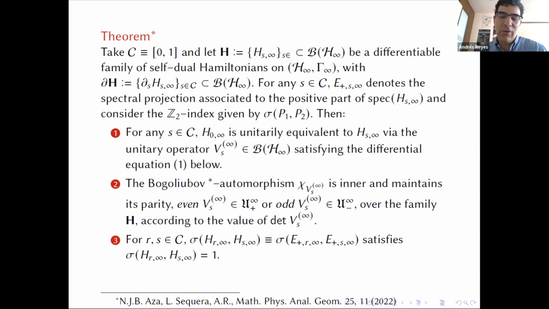And usually when we discuss Berry's phase, we think about diagonalizing each of these Hamiltonians along the path, and this will produce a line bundle, for instance. So we can talk about the parallel transport along the path.